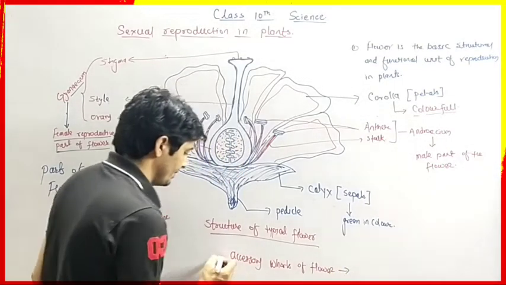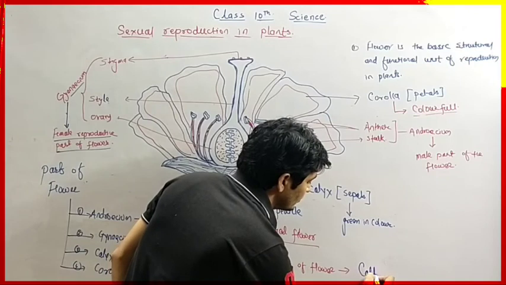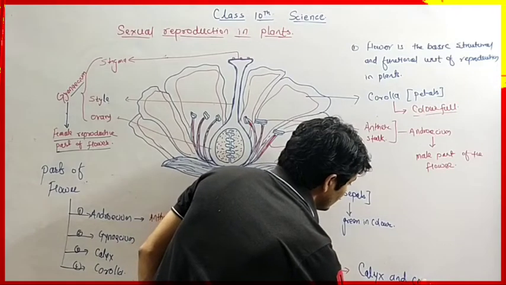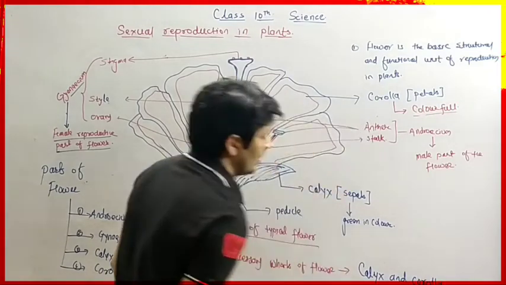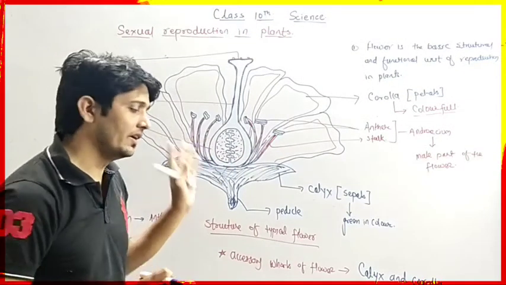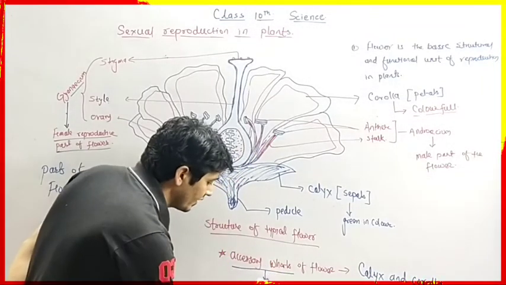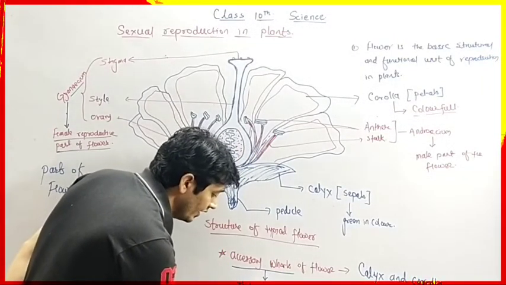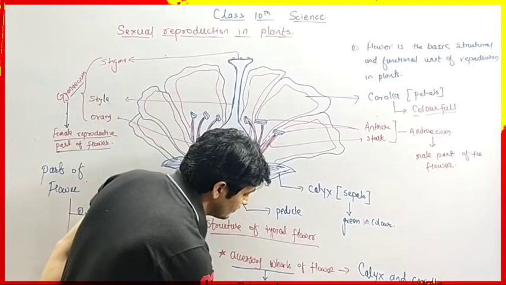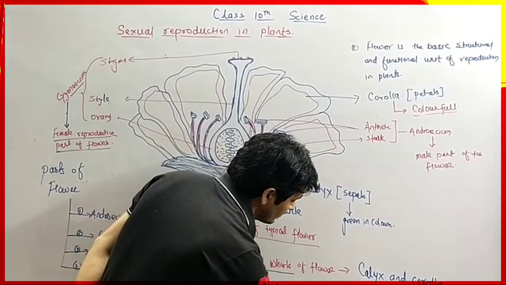Which are they? Calyx and corolla. Why are they accessory whorls? Because they protect the inner part of the flower, the androecium and gynoecium.